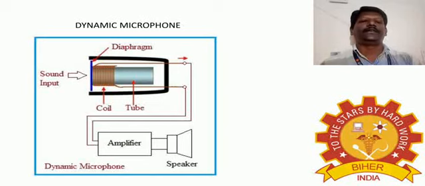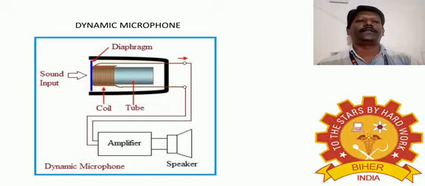So moving coil is attached to the rear side of the diaphragm and also suspended within a magnetic field. So when diaphragm moves, moving coil also moves and cuts the magnetic field. So the sound signal is converted into electrical sound signal.